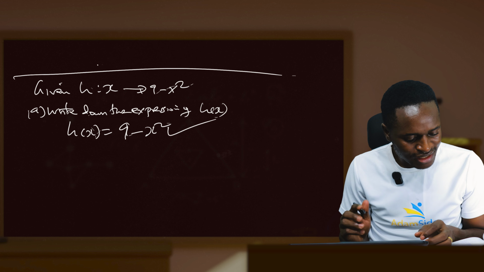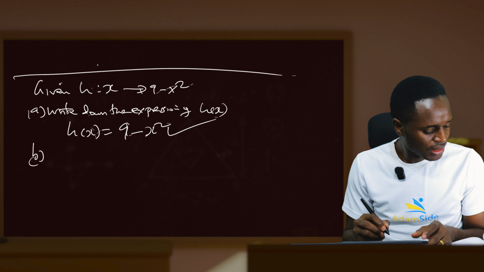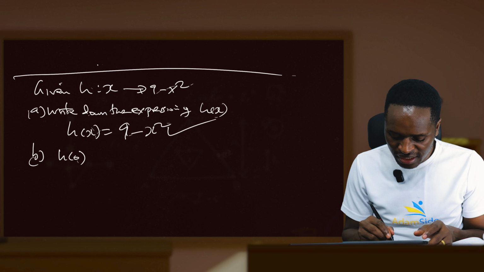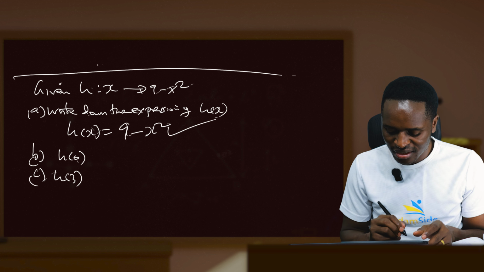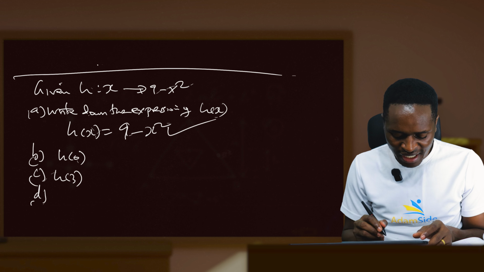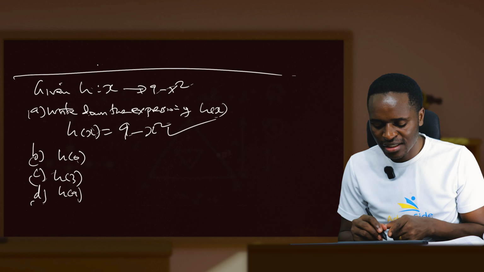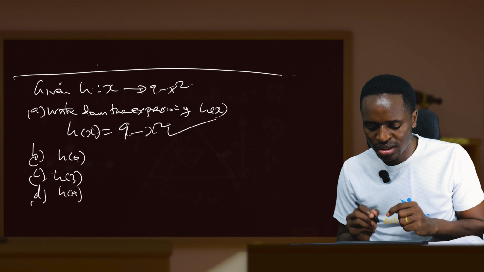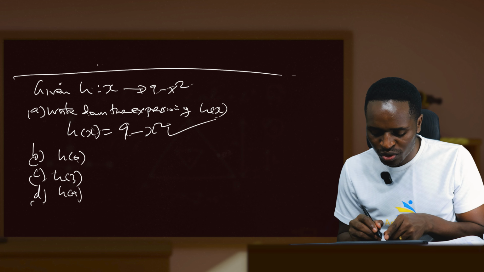Then another thing they ask us to find, they say find h0, h3 input 3, then find h9. So what do they mean when they say h0, h3, h9? This means you input 0 into the function h of x, which is 9 minus x squared, and you put 3 into that.